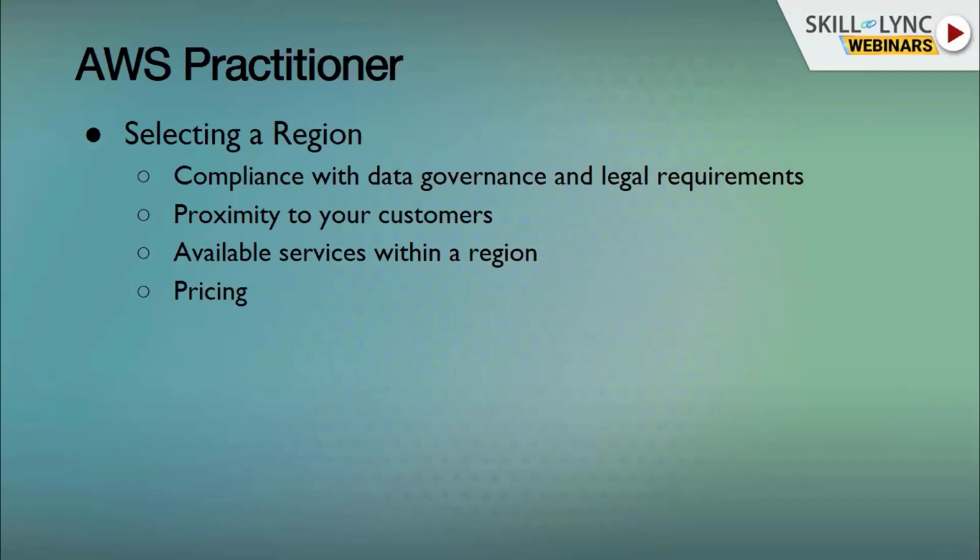Let's say our data cannot be in a US data center. The architects finalize where data should be present, and based on that, they make an agreement with the AWS sales team and take it further.